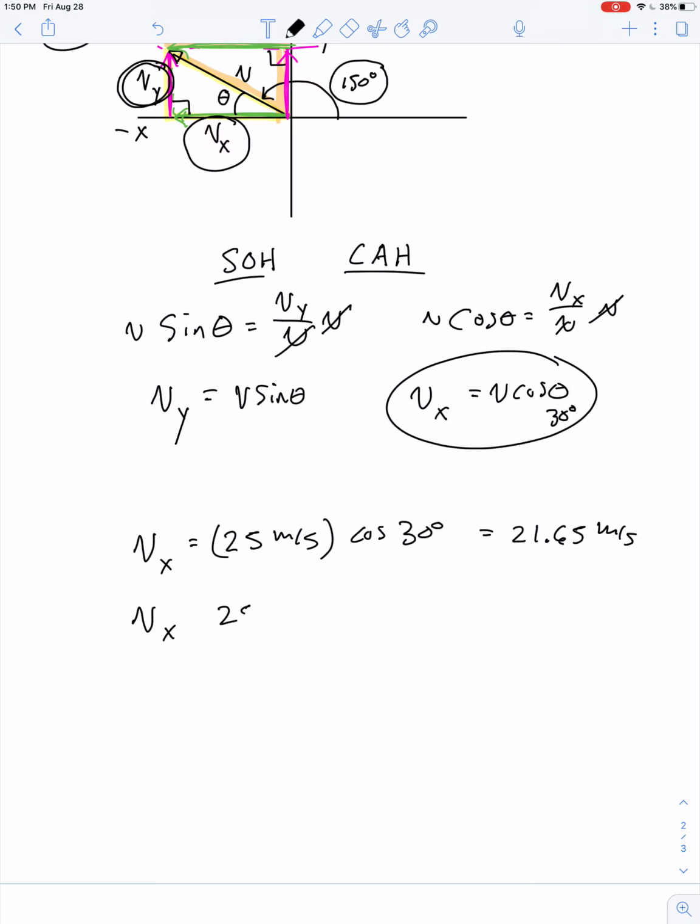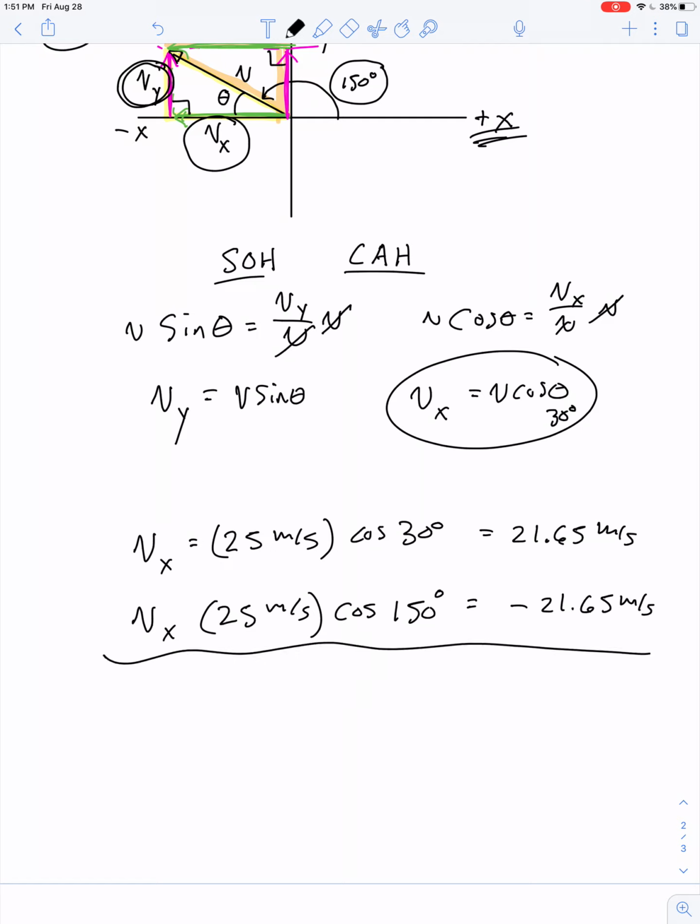But if we did 25 meters per second times the cosine of the supplementary angle of 150 degrees, which is the angle measured off of the positive x-axis, then we would get a result of negative 21.65 meters per second.